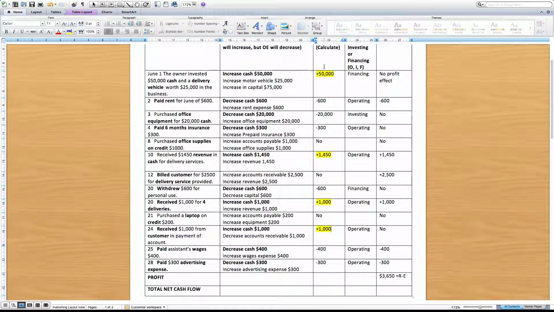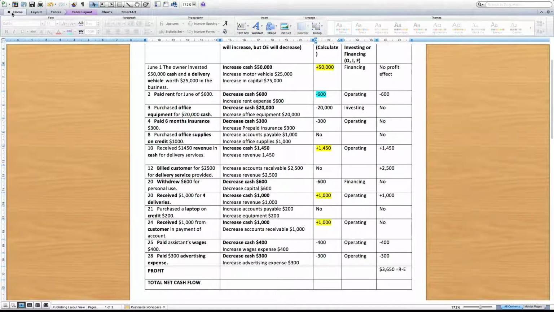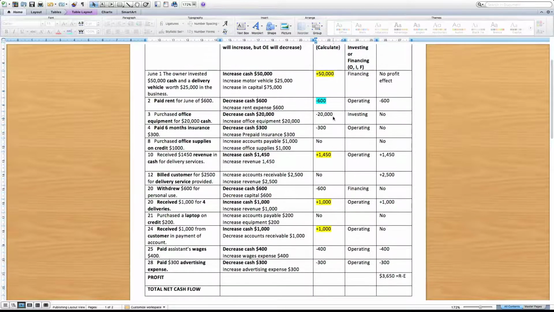Okay, so you'll have $53,450, and from that subtract all of your cash outflows. So that will be 600 minus 20,000 minus 300 minus 600 minus 400 and minus $300. So add up all of those blue items.